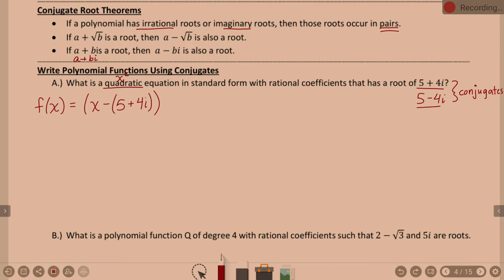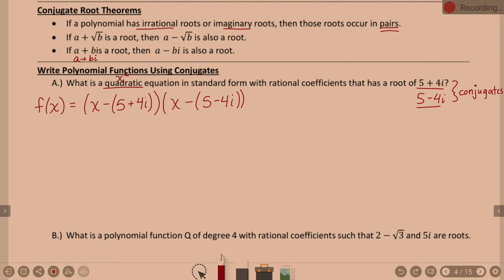The other factor we have to set up, x minus, what's my other root? 5 minus 4i. So notice I basically set up 2 parentheses. I know they both have parentheses within them at this point. But we have x minus the 5 plus 4i, and we have x minus the 5 minus 4i.